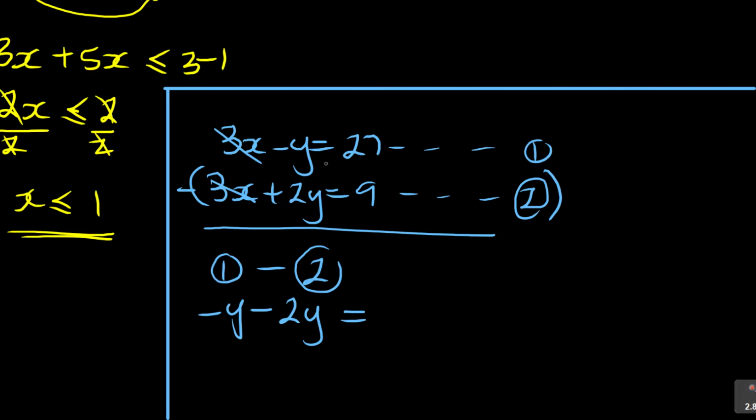is equal to, same thing, 27 minus 9. See that? So it's minus y, which is what, there is a 1 there, minus 1 minus 2, minus 3y is equal to 27 minus 9, and I think it's 18.